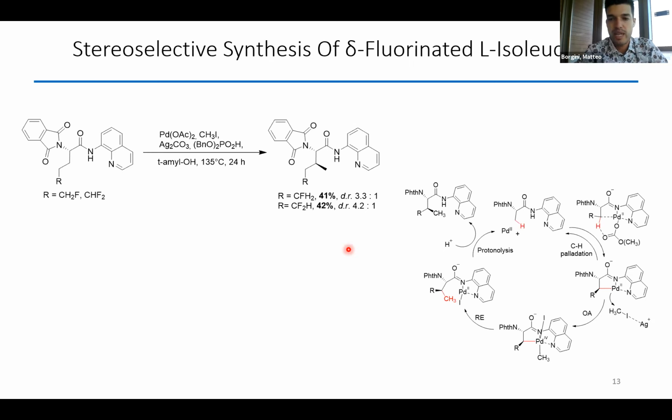So something happened. The starting material is very stable under those conditions, and we didn't observe decomposition. So probably something happened between the fluorinated group and the palladium species, but we don't know yet why.